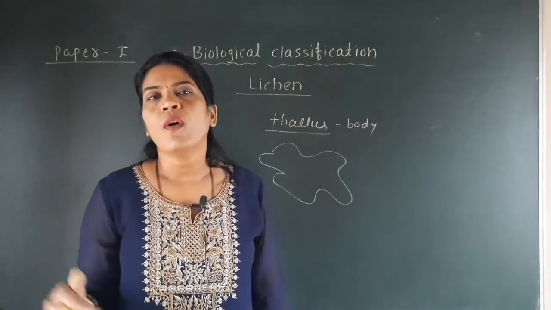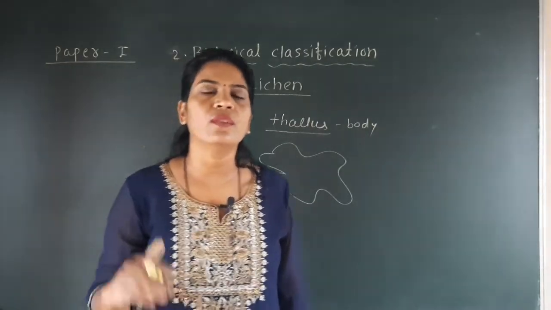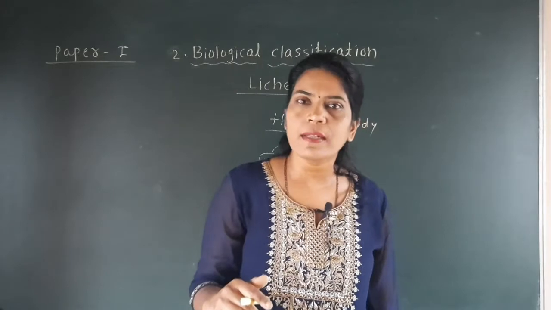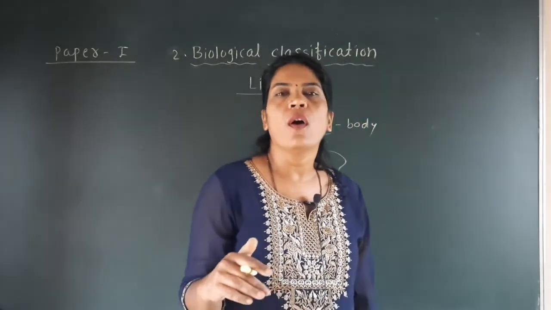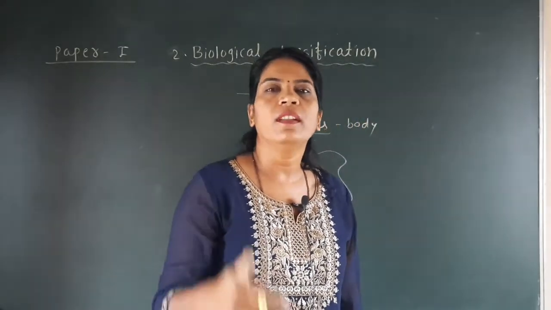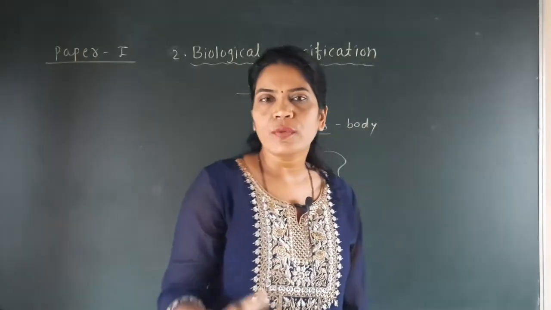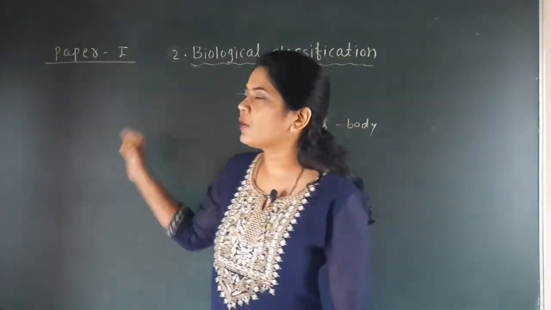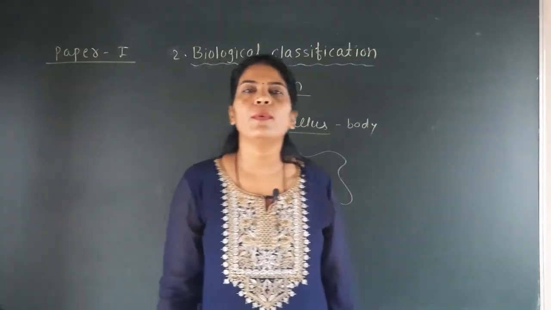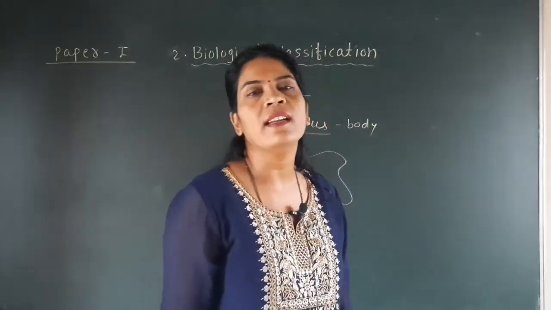Lichen can form on rock, on soil, on snow, on the body of other animals. Even they are found on other plants, on tree trunks. This lichen can also be observed there. As we have just seen, it is a good indicator of pollution. That's why in a polluted area you will not find lichen.